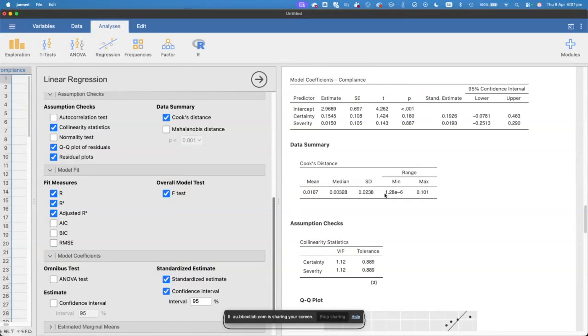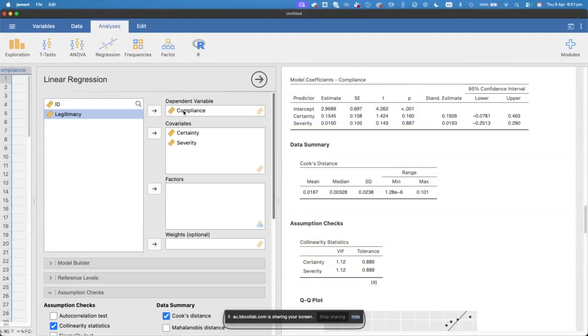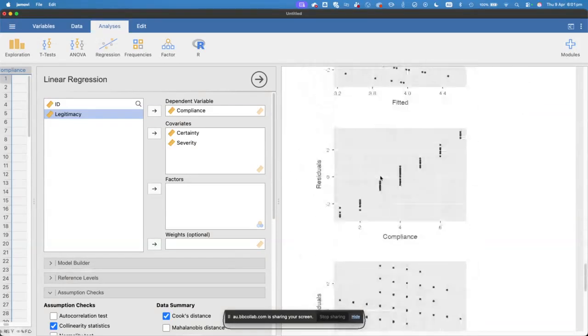Connor asks which variables were dependent, covariate, factors, weights. Okay, yeah, the dependent variable is the compliance, and independent variables are certainty and severity. No need for factors or weights at this stage. We're just running it. This is all you need for running a regression. Thanks for letting me know.